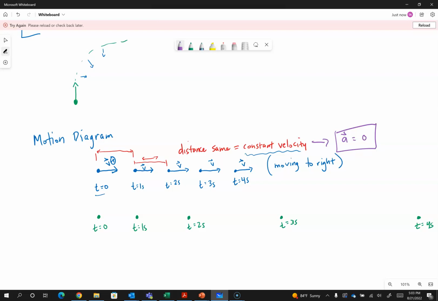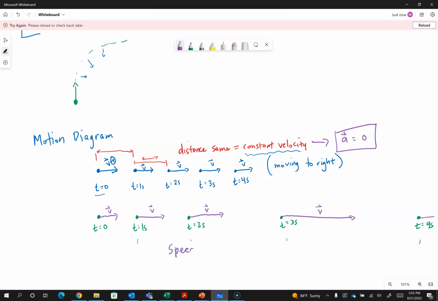Okay. Looking at the second situation, at time equals 0, we will have a velocity. At time equals 1 second, though, I need to draw it a little longer, simply because I'm seeing a bigger distance, and then another bigger, even bigger distance, and even bigger. So as this object travels for 1 second, it's covering more and more distance, and I don't have enough room to draw that last one.